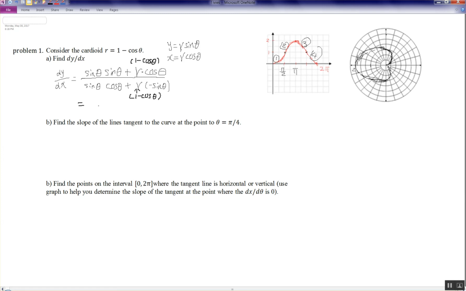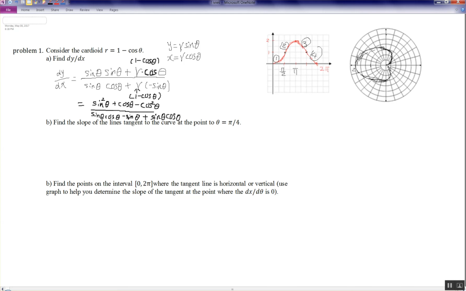Okay, let's simplify that. Here on top we have sine theta squared, and then 1 minus cosine theta times cosine theta, which gives plus cosine theta minus cosine theta squared, right? On the bottom I have sine theta cosine theta, and then minus cosine theta times sine theta, so 1 times sine is... I'm sorry, minus sine theta, and then minus cosine times minus sine, which is plus sine cosine.